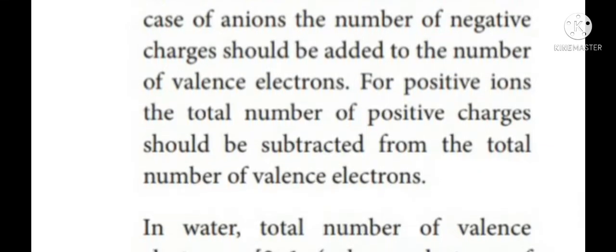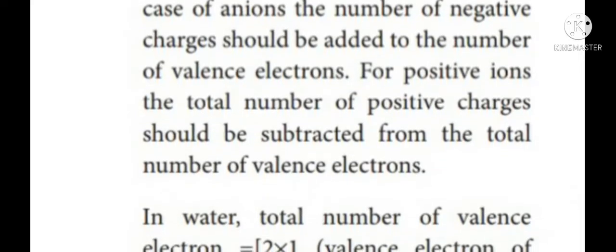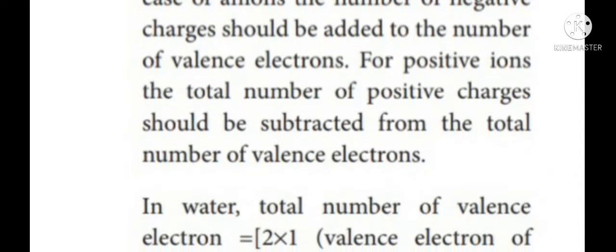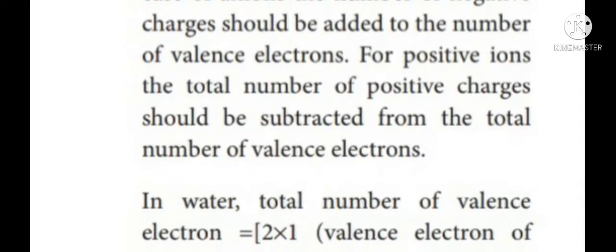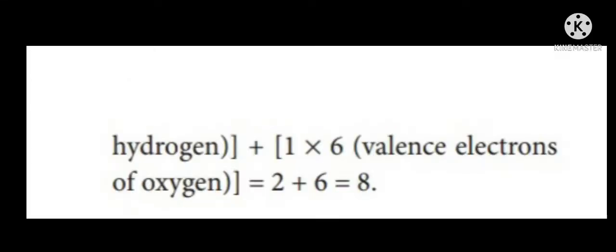The water molecule contains 2 hydrogen atoms and 1 oxygen atom. In water, the total number of valence electrons is equal to 2 into 1 plus 1 into 6. Here, in this 2 into 1, the 2 represents the number of hydrogen atoms, where 1 represents the number of valence electrons in hydrogen.